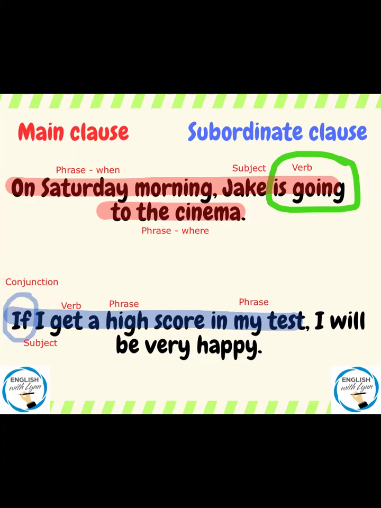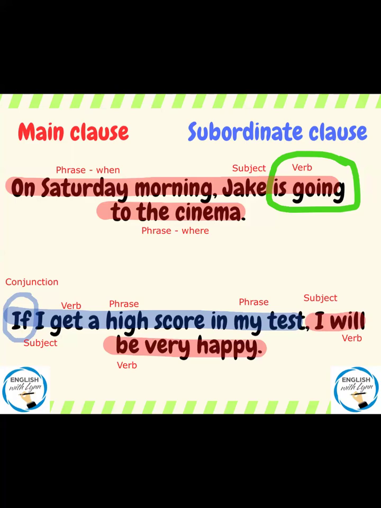So I is the subject, and this is written in the future tense, so it has will be. That is my verb chain. Will is part of the verb, but be is also part of the verb as well. So I will be very happy. That part makes complete sense on its own, so that is a main clause.